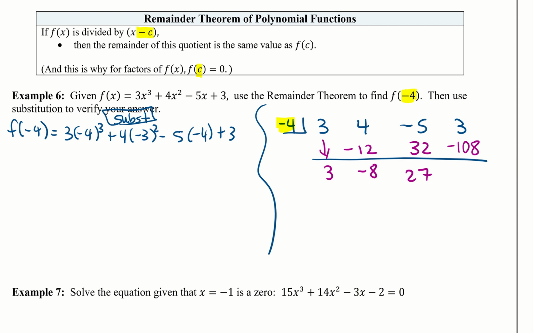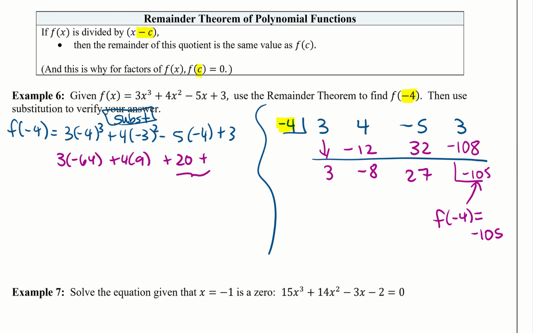And so then the remainder here is negative 105. So that should be the answer for f of negative 4. I'm just going to verify this really quickly. So I would have 3 times negative 64 plus 4 times 9 plus 20 plus 3. So let's see.